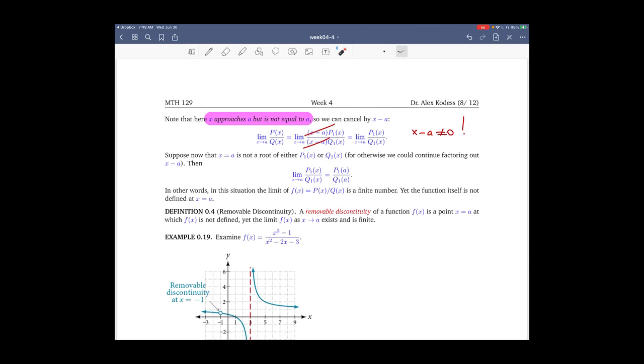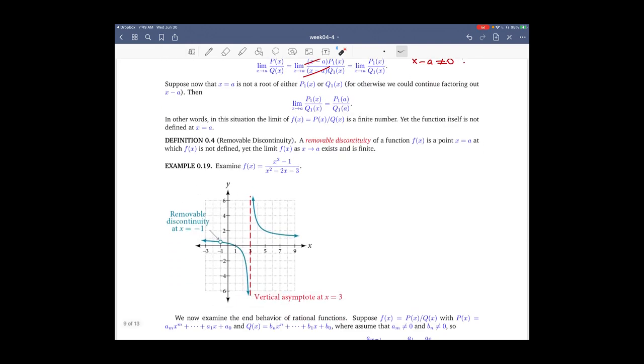In that situation, the line x equals A will not be a vertical asymptote because the limit will be finite. In fact, one example of this we already had.